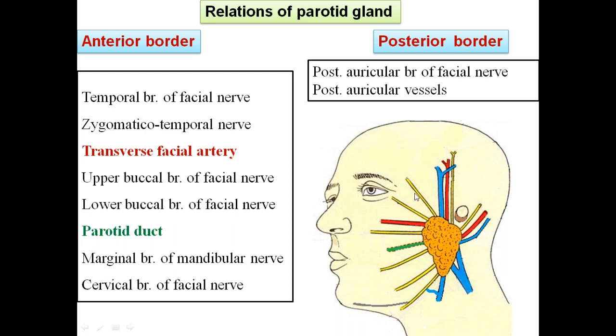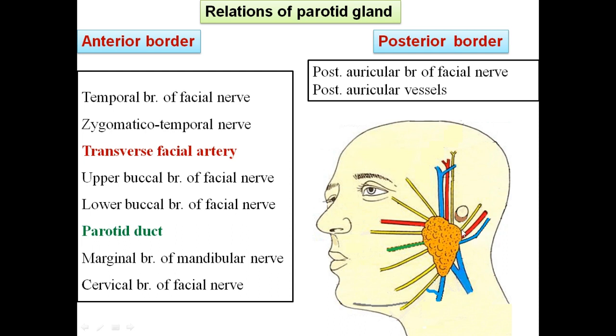These are the temporal branch, zygomatic branch, upper buccal and lower buccal branches, marginal mandibular branch, and cervical branch of the facial nerve. Apart from this, the parotid duct and transverse facial artery are present at the anterior border.